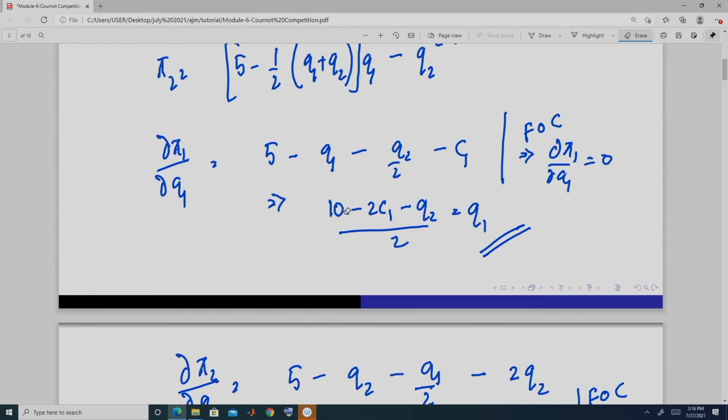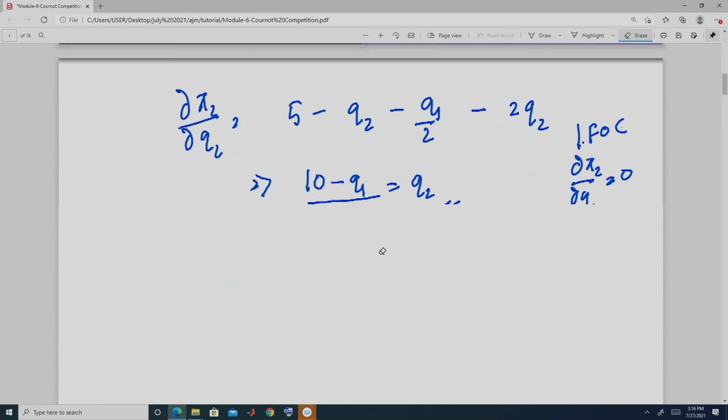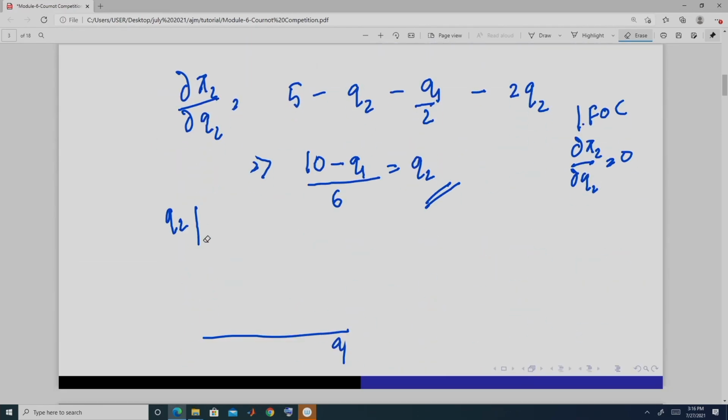See, 10 minus 2C1 equal to Q2. So, this point is 10 minus 2C1 and this point is 5 minus C1.